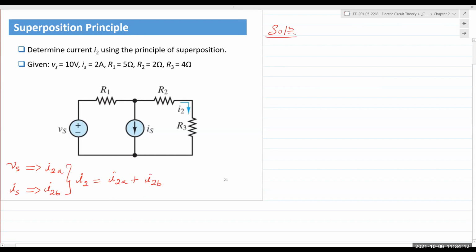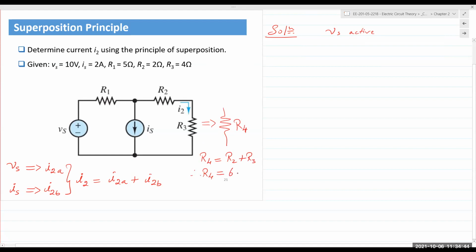So let's redraw the circuit diagram with only VS active. Also, on the far right, I can see that R2 and R3 are in series. I'm going to write R4 is equal to R2 plus R3.